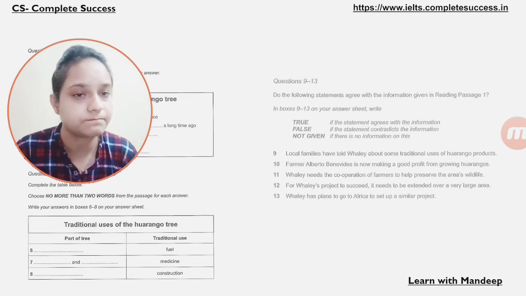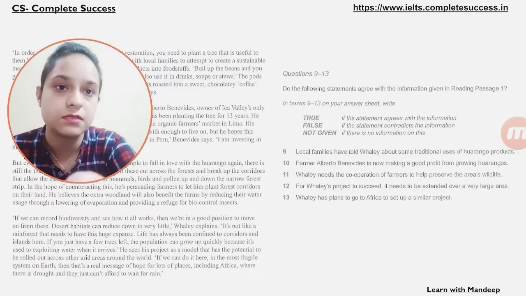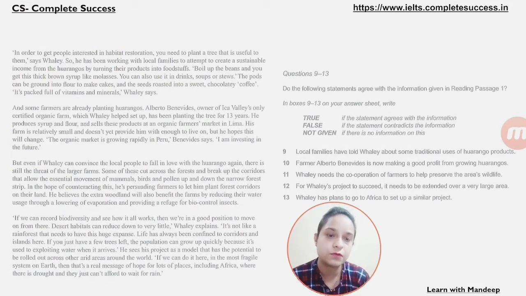Not given. Okay. And as I've told you, we get the ninth answer in the first paragraph of this page, and we got the answers in the last part. We can say that because here Valley has told them how to use it, but there is nothing mentioned about whether it is traditional use or not.